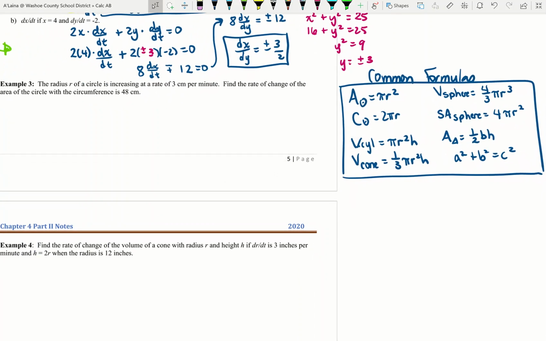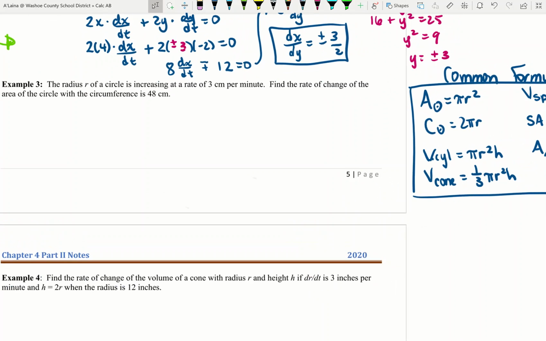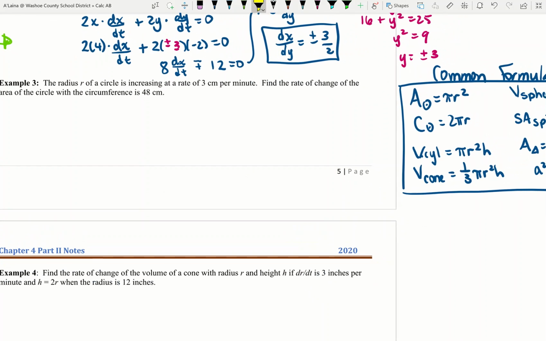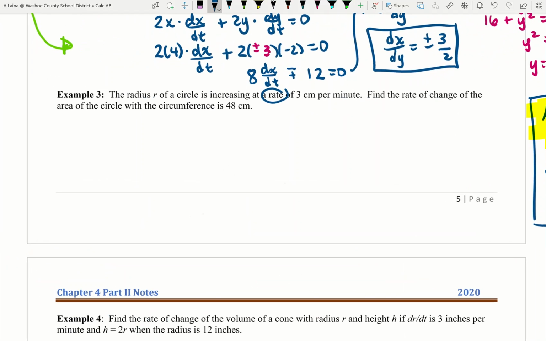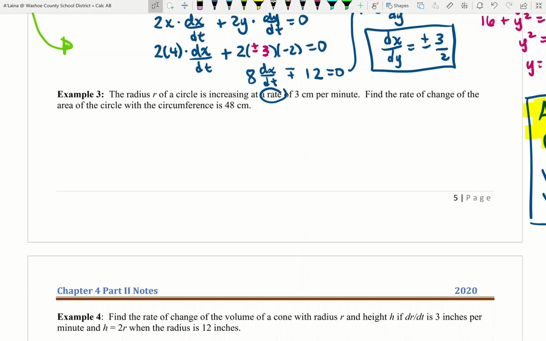All right, number 3 says the radius of a circle. Okay, so we're probably going to be using circle formulas here. One of those or both of those. The radius of a circle is increasing at a rate, so we are talking about a derivative, of 3 centimeters per minute. So the radius, r, has a rate of 3 centimeters per minute.